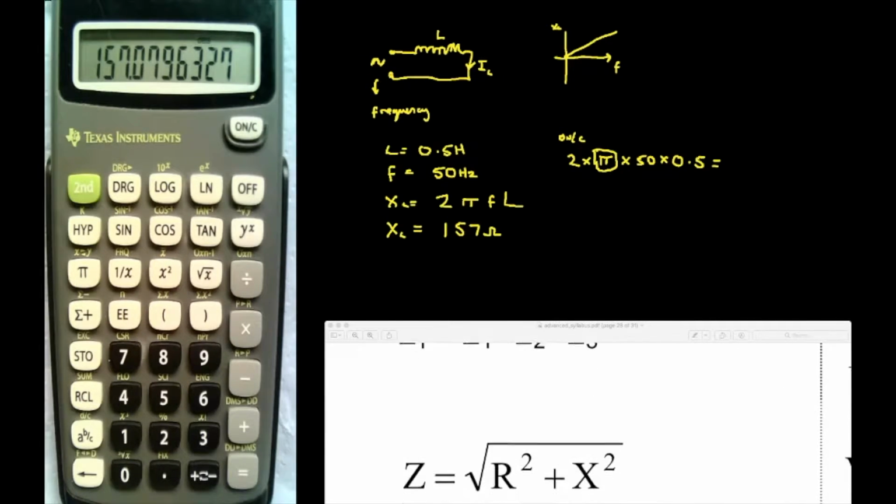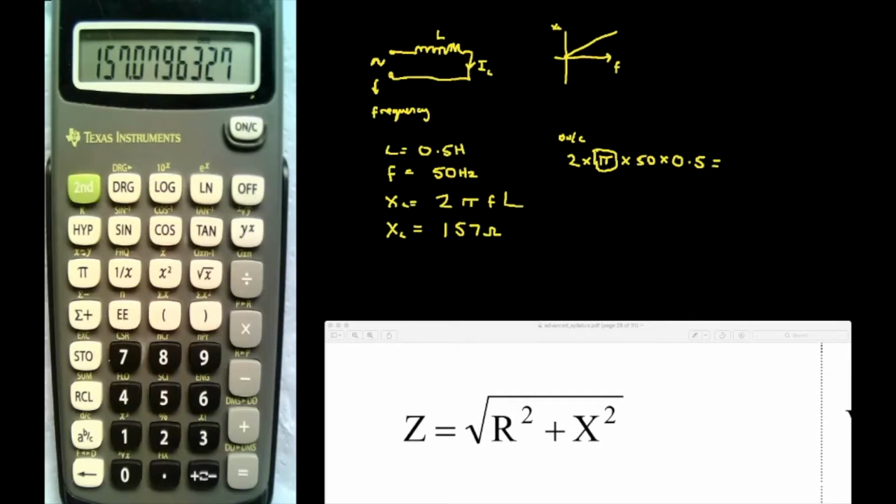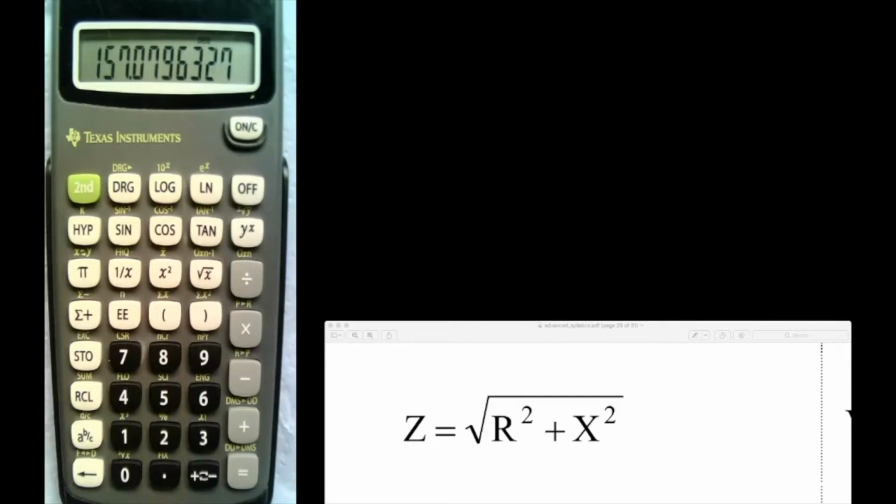This formula here, I don't know which row we're on, but working our way down the sheet. You may recall from the intermediate course that the abbreviation for impedance is Z. So that is impedance in ohms.